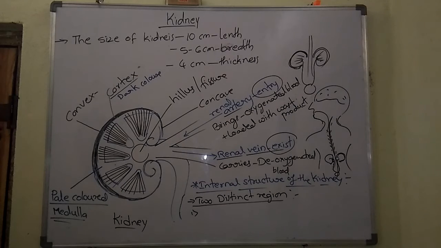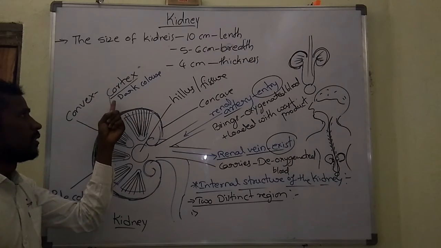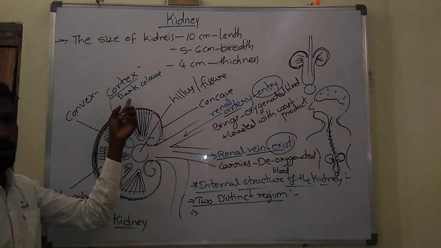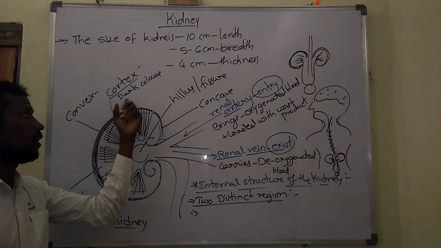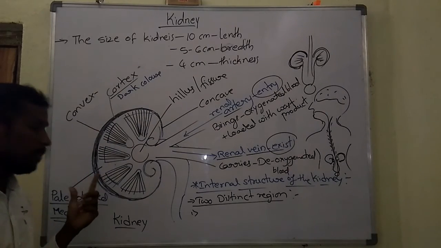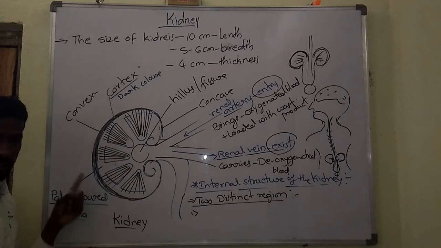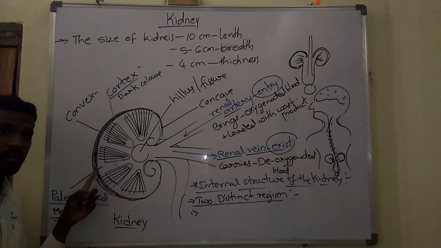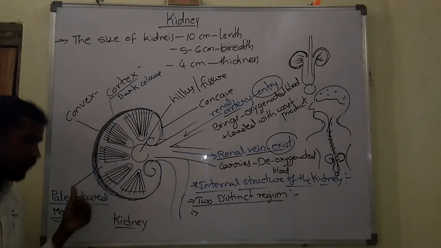Once again, repeat: each kidney's dark colored outer zone is called the cortex, and the pale colored inner zone is called the medulla.